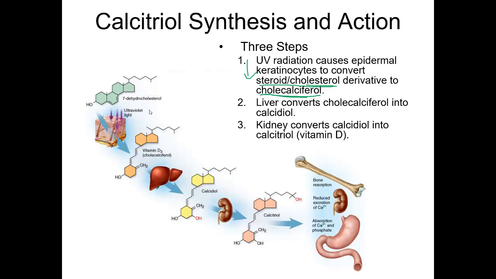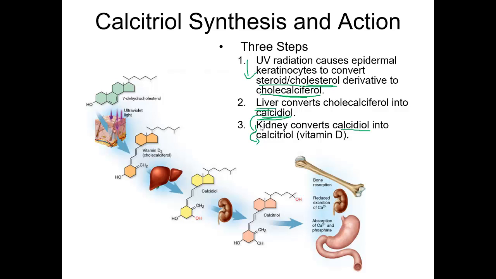Now this cholecalciferol goes to the liver and is converted to calcidiol. Now this calcidiol goes to the kidneys and gets converted from calcidiol to calcitriol. So you have a few different organs playing their roles here. You have the skin or the integument, then you have the liver, and you have the kidney.